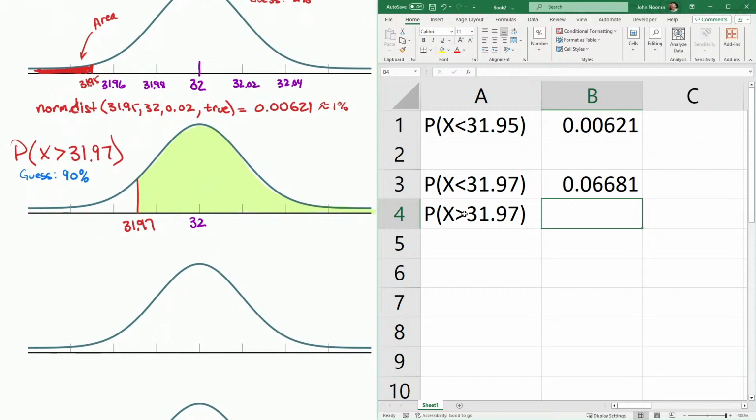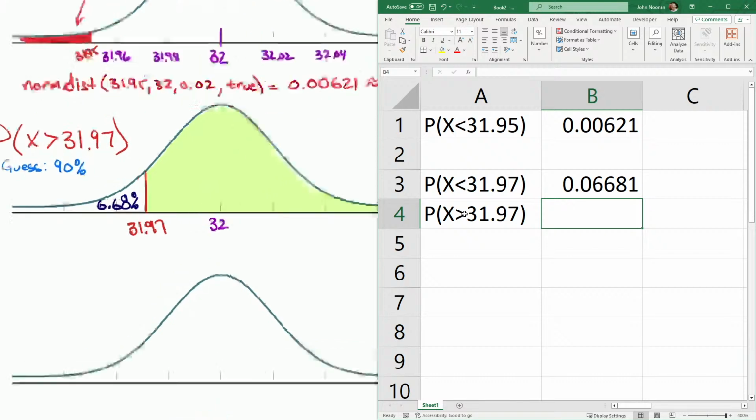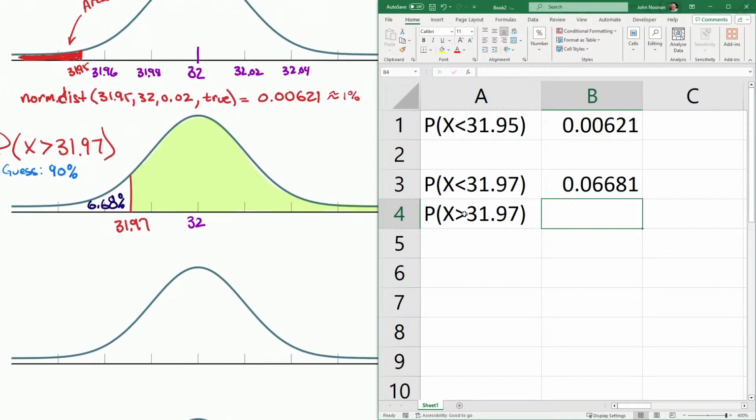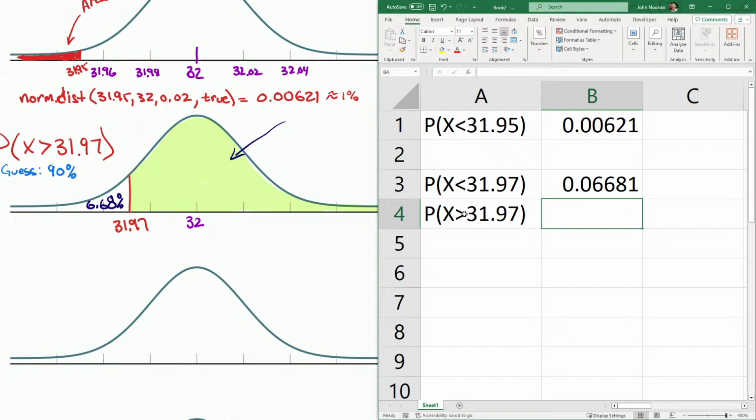To help us figure that out, notice that this area over here to the left is about 7%. So what's that going to be? 6.68%. That's that area. What I want is this area right here.